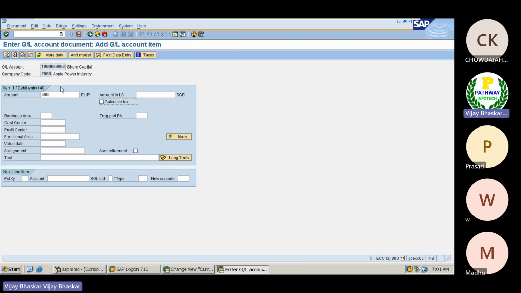Understand here, the moment you enter other than local currency, this amount in EUR needs to be converted into local currency, Singapore dollars. The moment you enter other than local currency, only then will this field be enabled in order to convert.